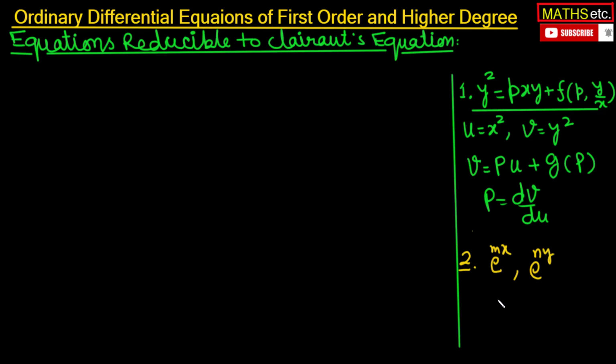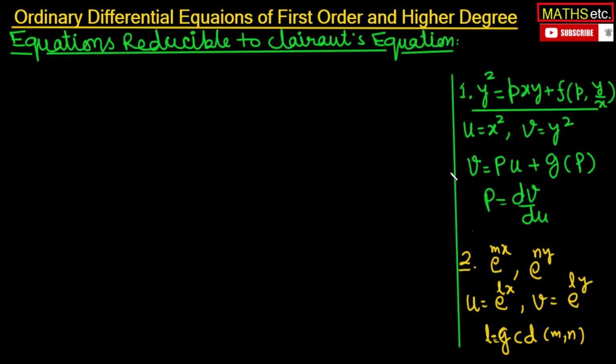In that case, the transformation we use to convert that higher degree equation into Clairaut's form is u equals e raised to the power l x, and v equals e raised to the power l y. What is l? l is equal to the greatest common divisor of m and n.